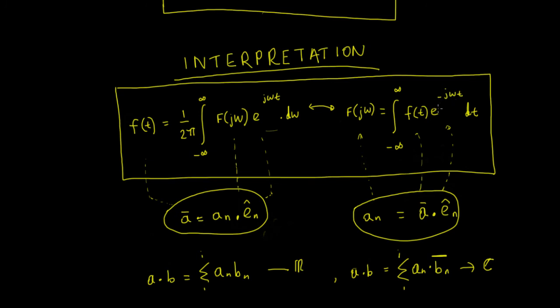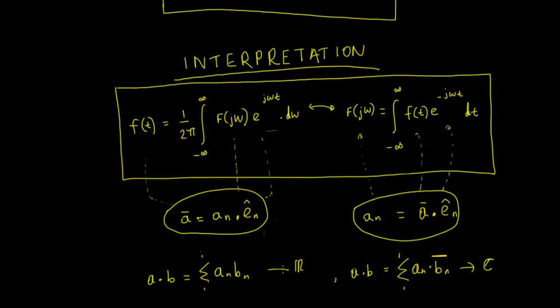Now you can see that the reason for this coming out as it does is really down to the fact that if you had two vectors and they were real, and you wanted to find the dot product of those vectors, you take this sum from n equals 1 to I of an times bn, and that would be your dot product.